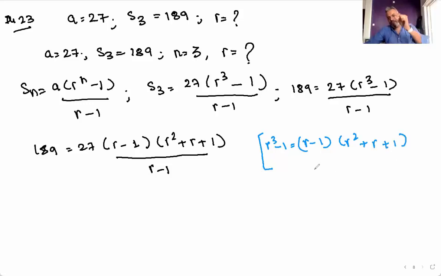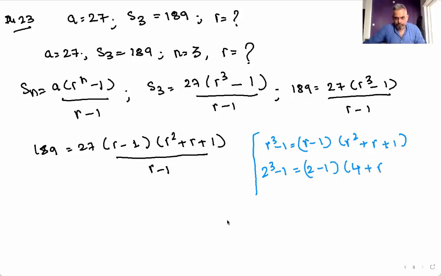Now, if you want to check this, we can even check this. How can we check this? Pay attention, whether this is right or not. Now, we take r as 2. So 2 cube minus 1 is equal to 2 minus 1 into 2 square, which is 4, plus 2 plus 1.